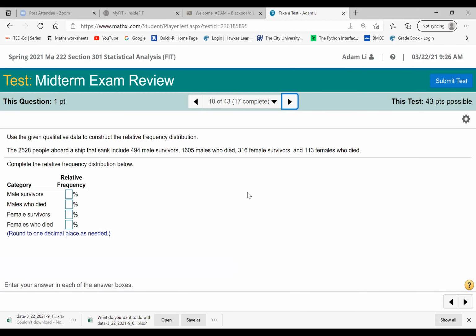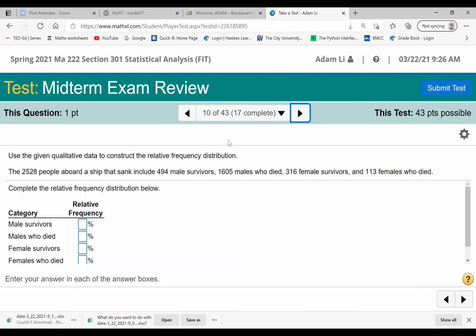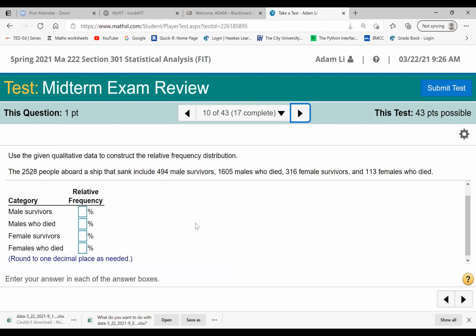All right, so now next one, using the given qualitative data to construct the relative frequency distribution. So there are 2,528 people aboard the ship that sank, including 494 male survivors, 1,605 males who died, 316 female survivors, and 113 females who died. Basically, you just want to calculate the relative frequencies.